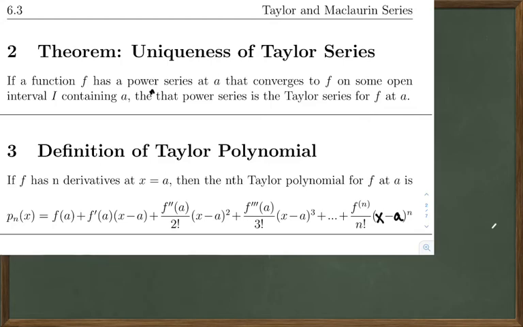Alright, now let's talk about the definition of a Taylor polynomial. If f has n derivatives at x equals a, then the nth Taylor polynomial for f at x equals a is p sub n of x, which is equal to f of a, plus f prime of a, x minus a, plus f double prime of a over 2 factorial, x minus a squared, plus f triple prime of a all over 3 factorial, x minus a cubed, plus dot, dot, dot, the nth derivative evaluated at a all over n factorial, x minus a to the nth power.